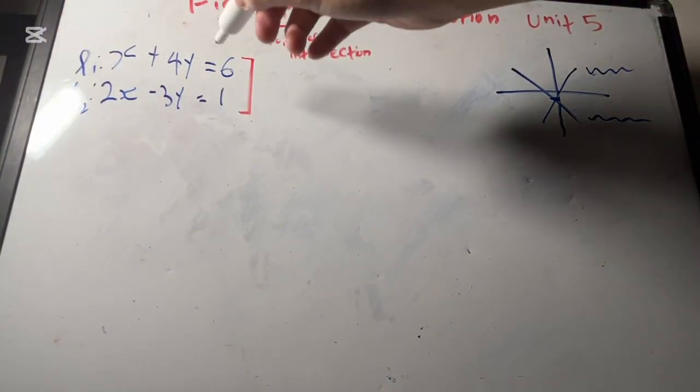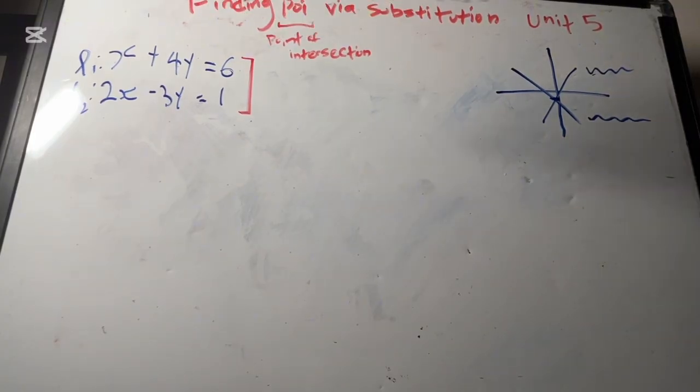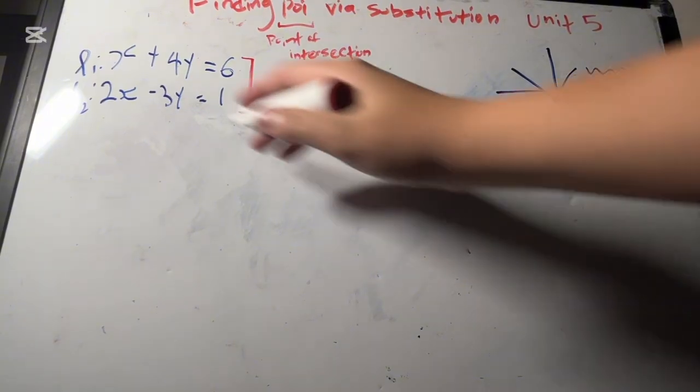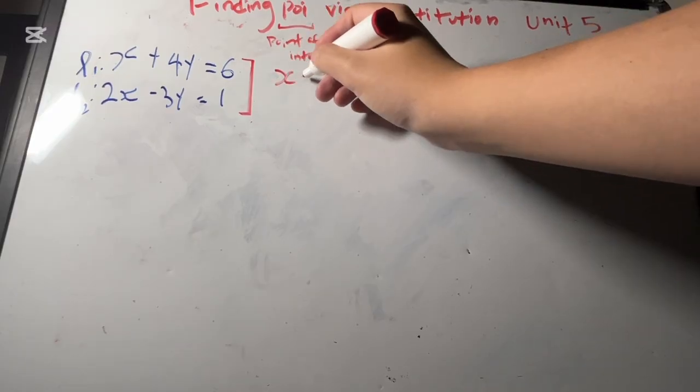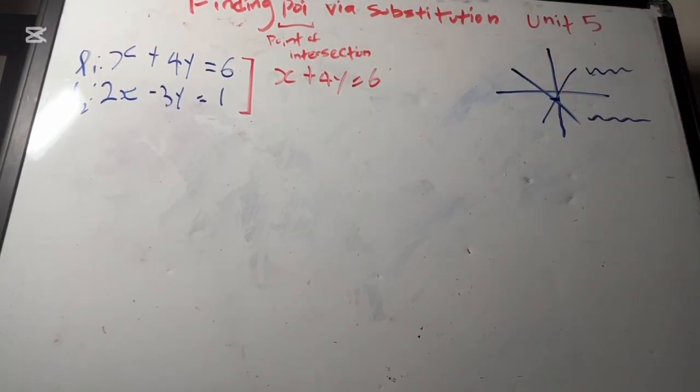x plus 4y equals 6. 2x minus 3y equals 1. So how do you solve these equations and find the point of intersection between them? As you can see here, x plus 4y equals 6 is far simpler in terms of variables and numbers than the second equation, which is 2x minus 3y.